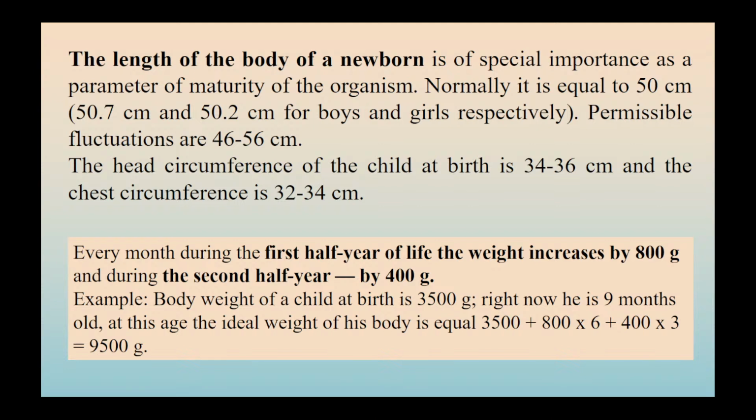Right now he is 9 months old, and at this age the ideal weight of his body is equal to the body weight at birth plus an increase of 800 grams every month for the first 6 months, and for the next 3 months up to the age of 9 months. As a result, we have 9,500 grams.